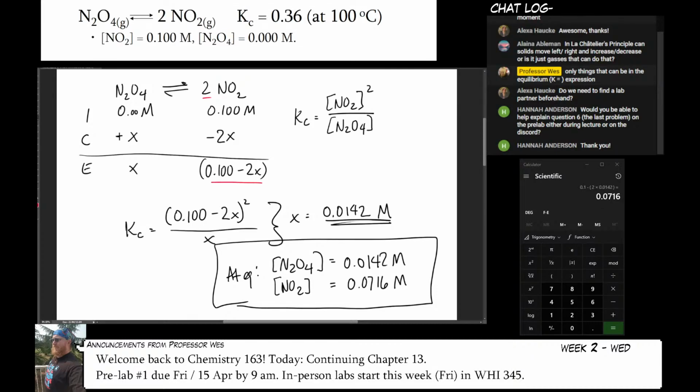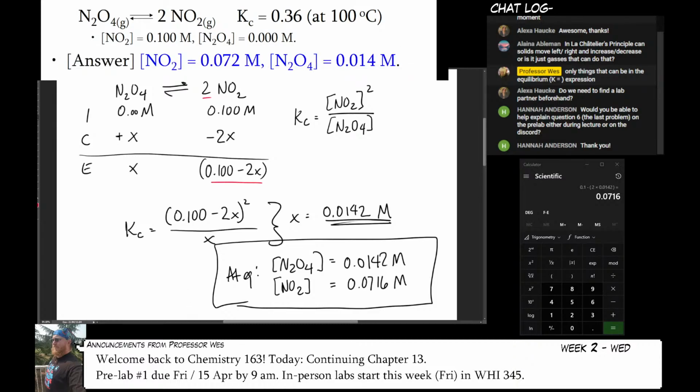All right, and let's see if we're right by doing that. There you go. Oh, you know what? For my sig figs, hold on. So I don't actually get to keep these numbers.